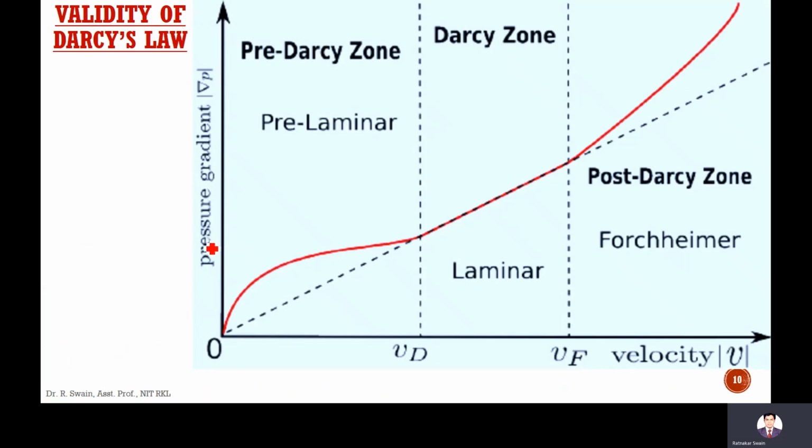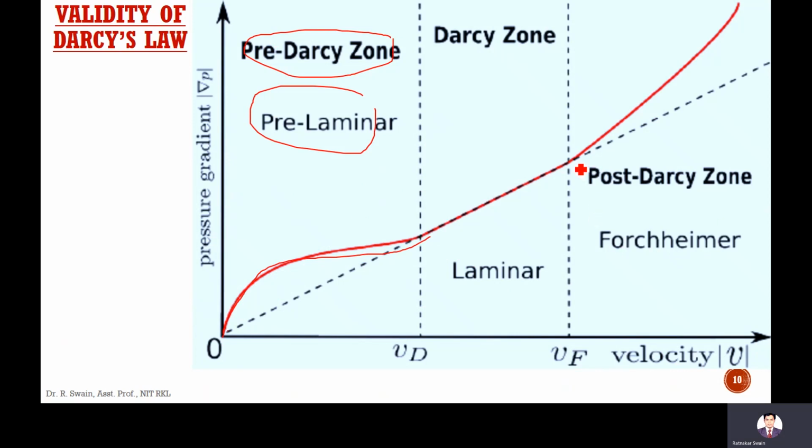Here is another picture, showing the pressure gradient versus velocity. This is called the pre-Darcy zone. The pre-Darcy zone means pre-laminar, and the Darcy zone is laminar. Here there is no linear relationship; there is a non-linear relationship between velocity and the hydraulic gradient or pressure gradient.